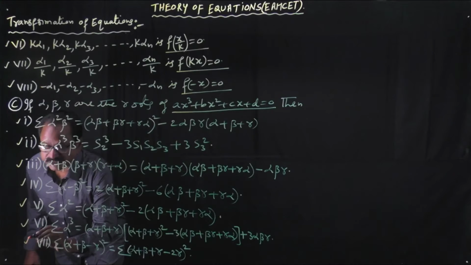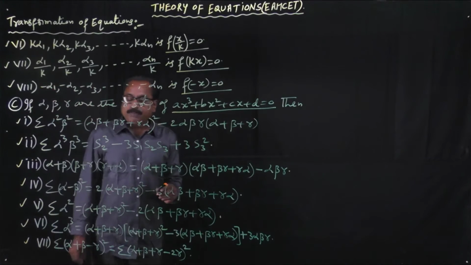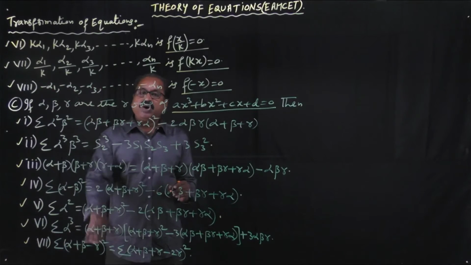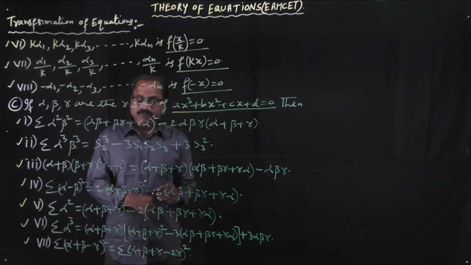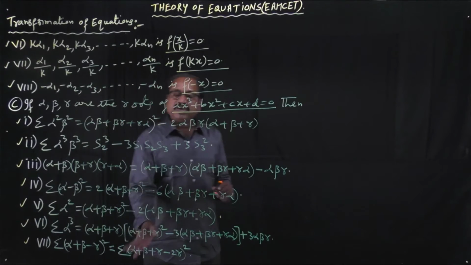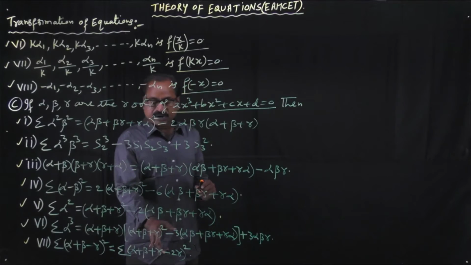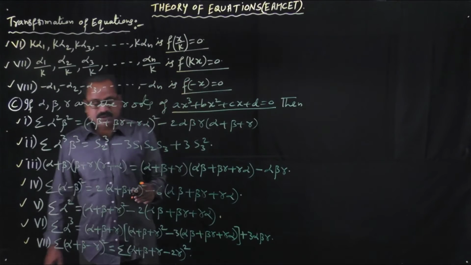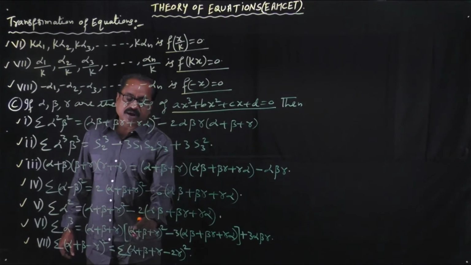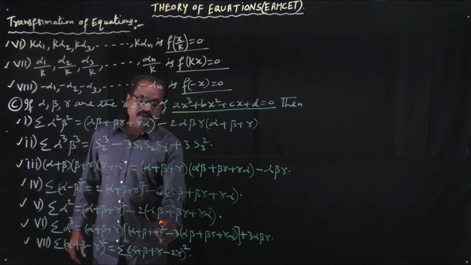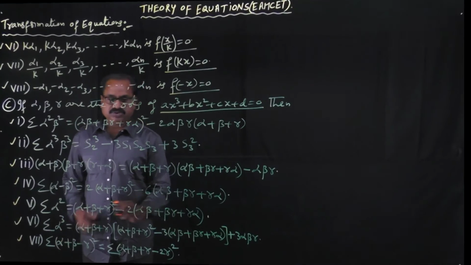Now seventh one is sigma alpha plus beta minus gamma whole square is equal to sigma of alpha plus beta plus gamma minus 2 gamma whole square. Here adding and subtracting gamma. So sigma alpha plus beta plus gamma minus 2 gamma whole square.